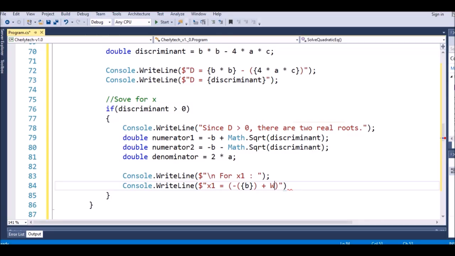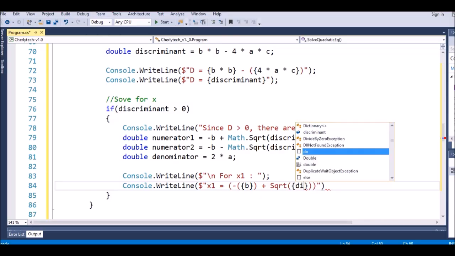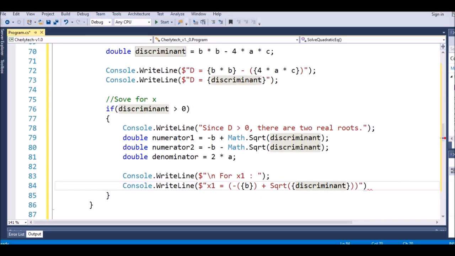Square root for discriminant. And then divide by two multiply a, like this.